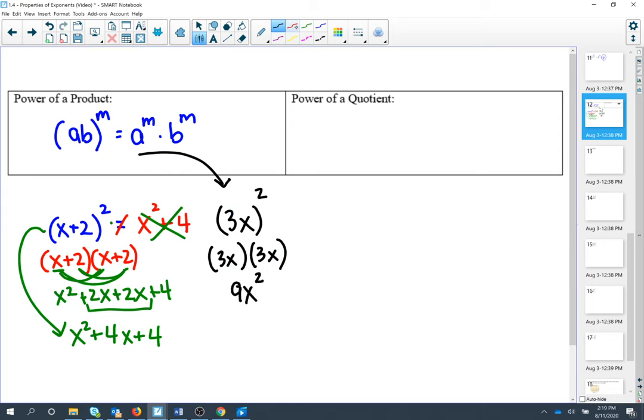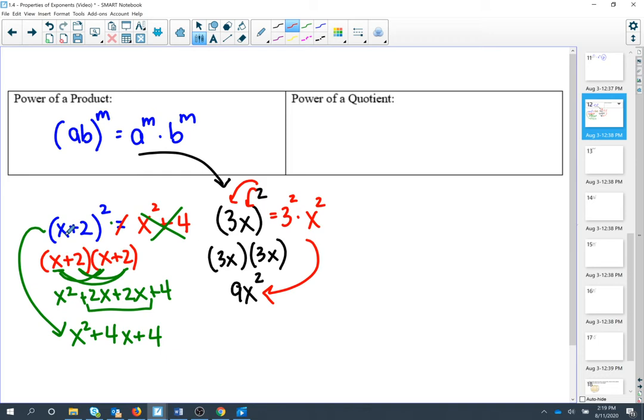That would work the same way as if I were to distribute this and do 3 squared times x squared. That would still get me 9x squared. So if it's just pure multiplication, you are allowed to distribute the exponent. If I add in an addition or subtraction here, you cannot.